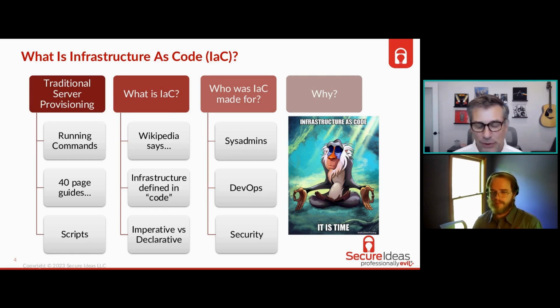Then we moved on to scripts and other automation tools to help you provision those systems, install the software, and set the configurations. So that was the traditional server provisioning model. And some of that could be extended to other portions of the infrastructure as well. Some network configuration can be scripted. That's the traditional model.